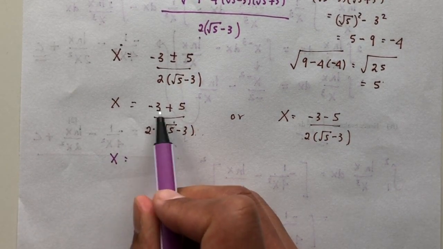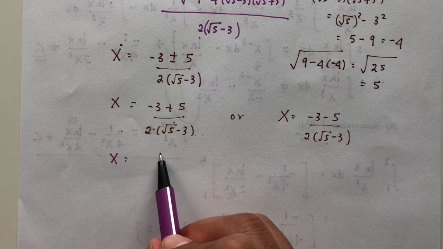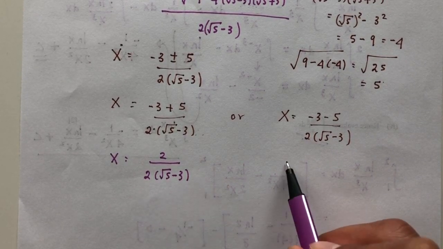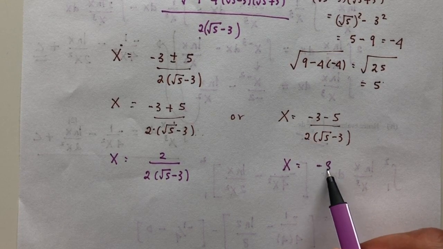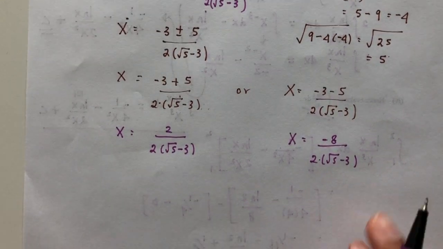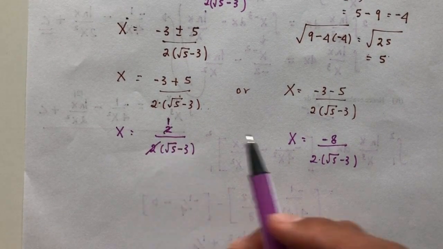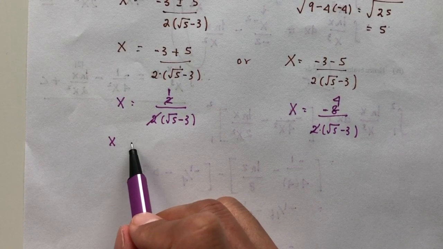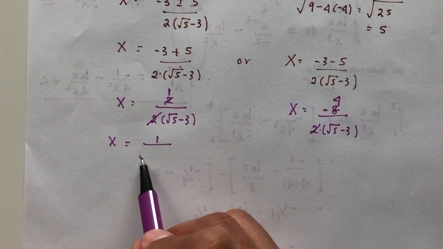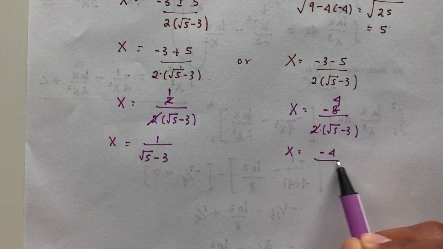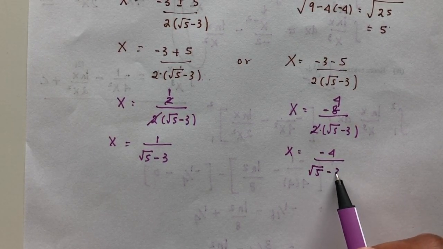X can be minus 3 plus 5 is 2 over 2 root 5 minus 3, or it can be minus 8 over 2 root 5 minus 3. Now this one can go away, be 1, minus 4. So x can be 1 over root 5 minus 3, or x can be minus 4 over root 5 minus 3.